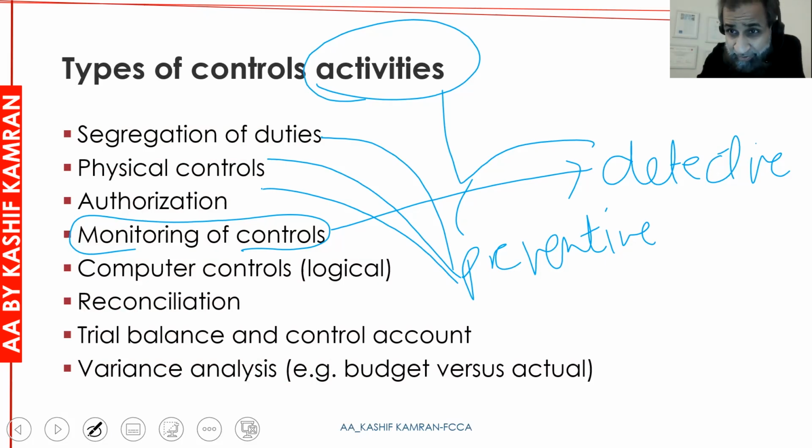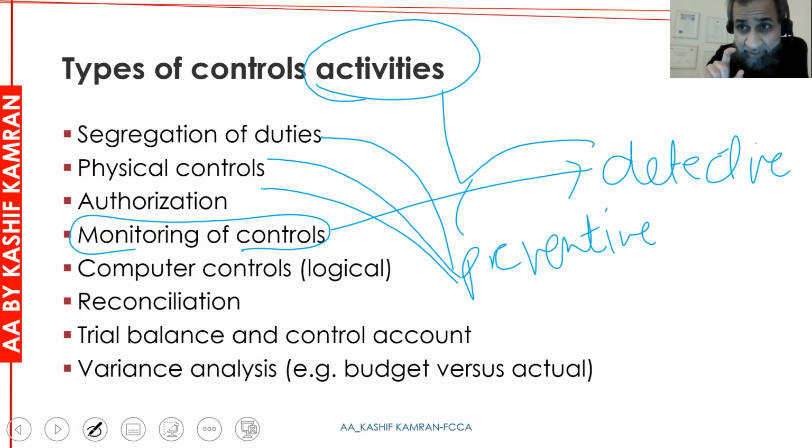If the actuals are more than budgets, you need to investigate why. If, for example, your expenditure budget was 100, but your actual expenditure is 200, someone might be misusing the expenditure for his or her personal expenditures. So you need to ensure the budgets and actuals are reconciled, variances are identified.